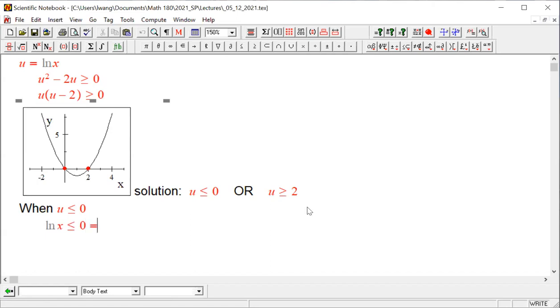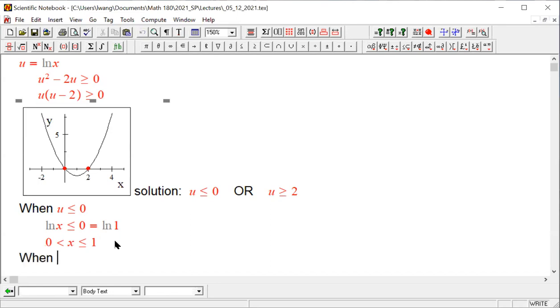And 0 is ln 1. Therefore, x is what? x is less than or equal to 1. And we have to consider the domain there. So that's one piece of the solution.